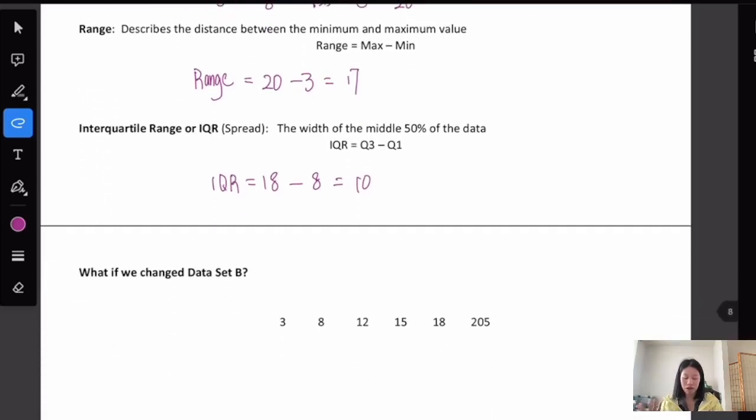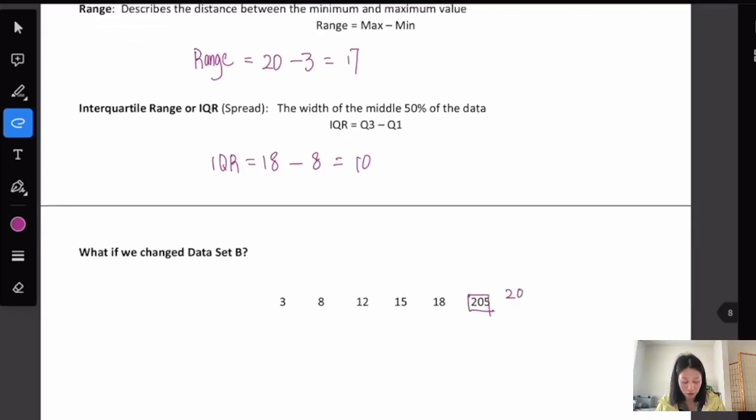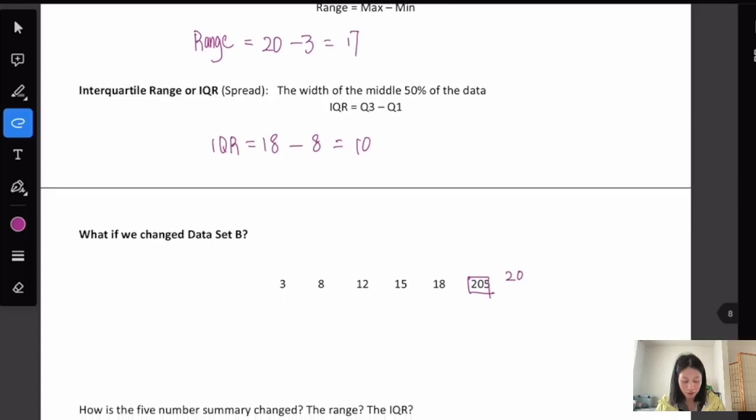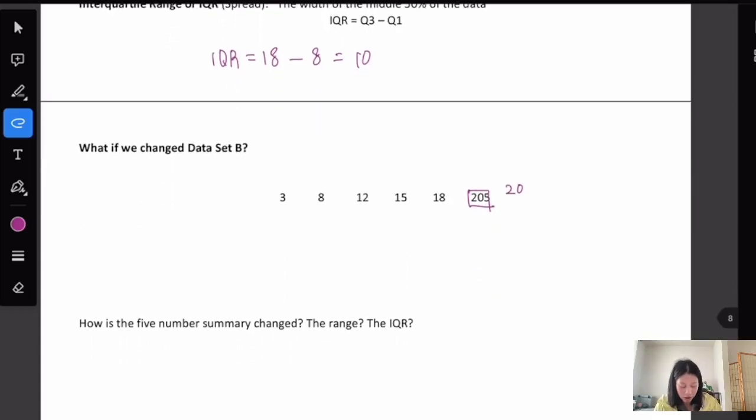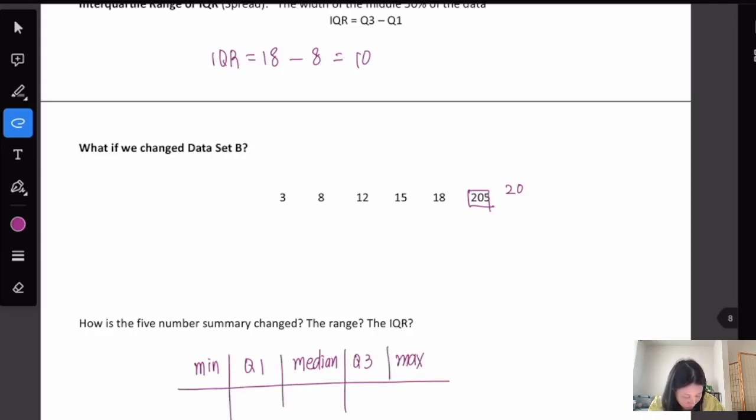Now, we change data set B. Instead of 20, we change it to 205. Originally it was 20. So how does the five number summary change? Okay, so that means we need to find the minimum, Q1, median, Q3, and the maximum. So maximum is 205, minimum is 3. The median is the same because we talked about that.